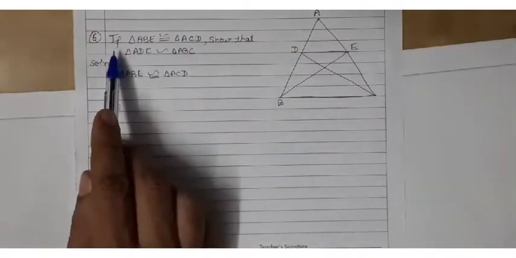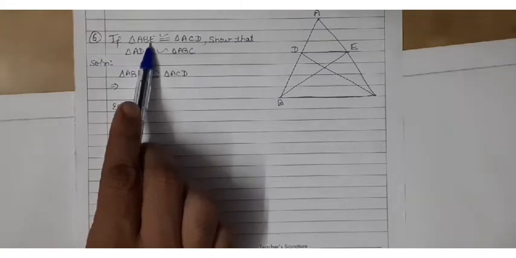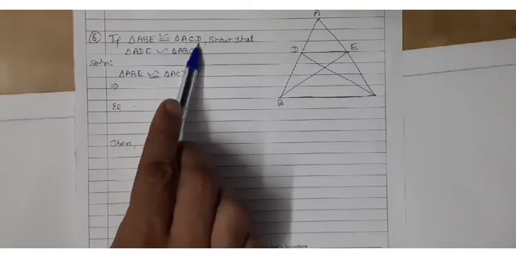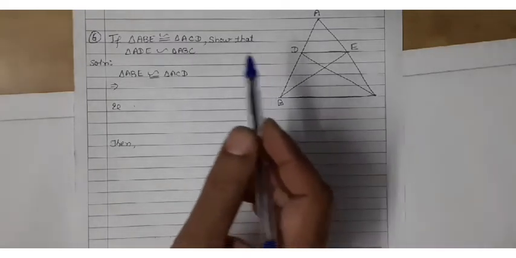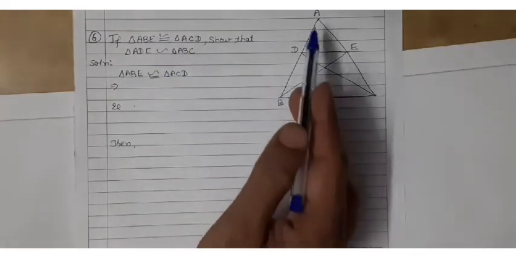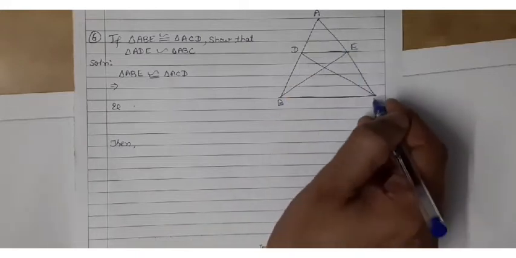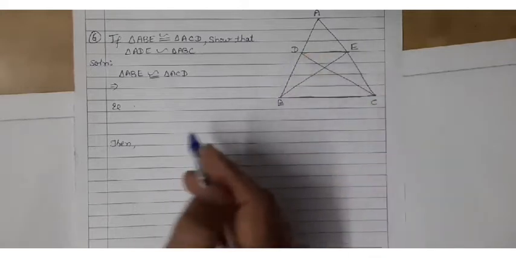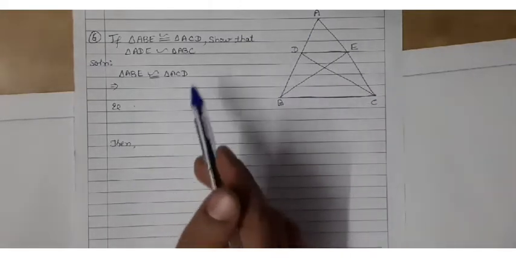Yes, the next question. In the given figure, if triangle ABE is congruent to triangle ACD, just you see where is ABE. ABE. And second one, ACD. These two triangles are congruent.